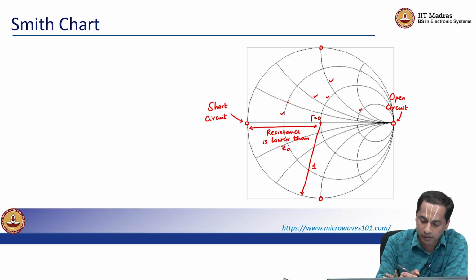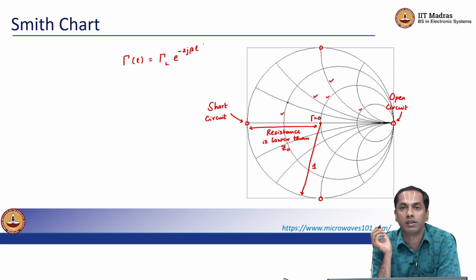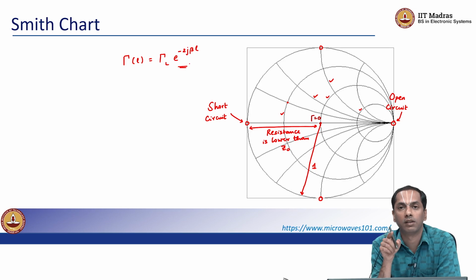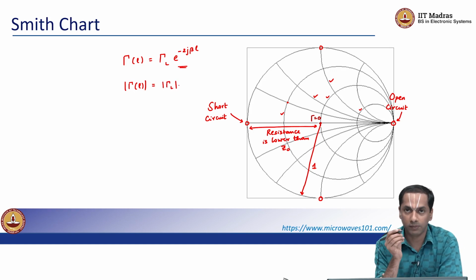And another thing is, remember that gamma as a function of L was essentially gamma at the load multiplied by e to the minus 2j beta L, right. So remember that e to the minus 2j beta L is simply a complex number of unit magnitude and has some phase to it, right? Which means that the modulus of gamma L taken at any point along the lossless transmission line is the same, right?